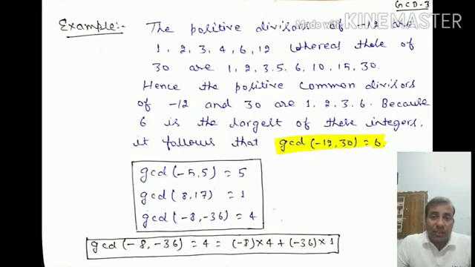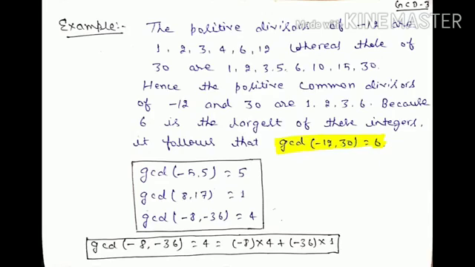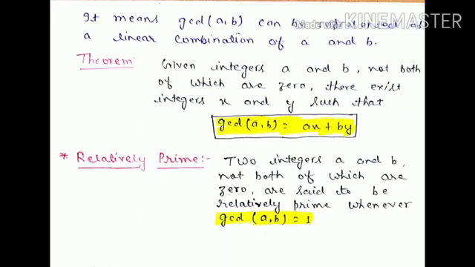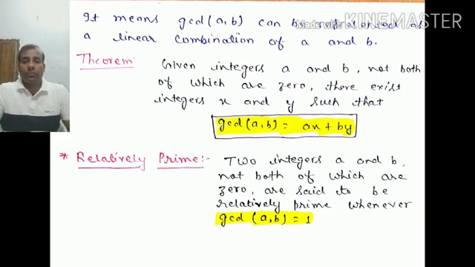It will give the result as a linear combination. It means GCD of a and b can be represented as a linear combination of a and b.